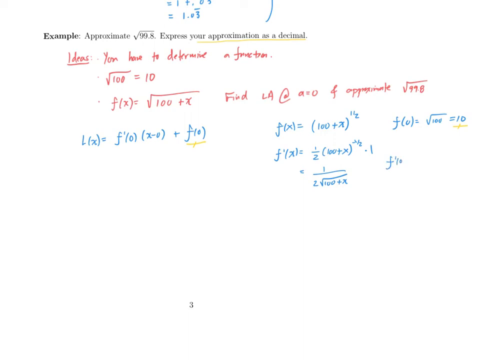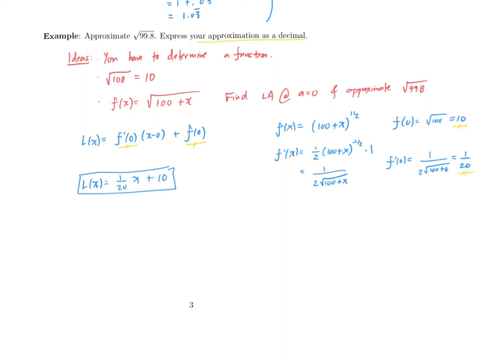So f prime of 0 is 1 over 2 square root of 100 plus 0, which is the number 1 over 20. And putting this all together, we now have the desired linear approximation. L of x is equal to 1 over 20 x plus 10. And this is a linear approximation to the function the square root of 100 plus x at a equals 0.